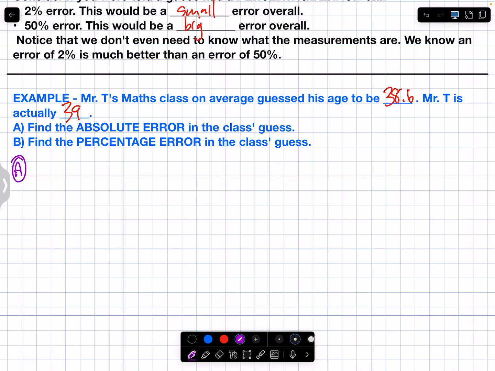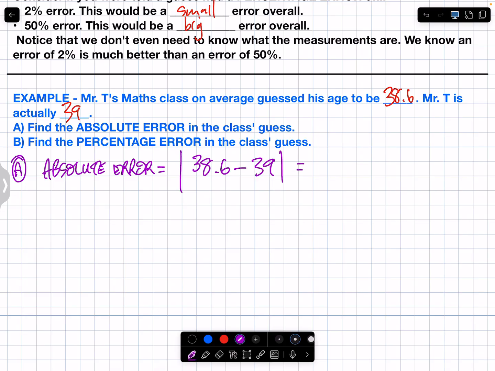All right, A. Find the absolute error. Absolute error equals vertical line. VA stands for the approximate. What was this class's guess? Which number is the guess? 38.6. Minus my actual 39.